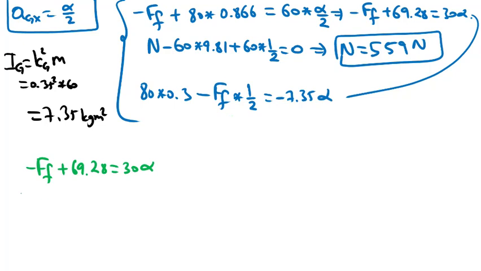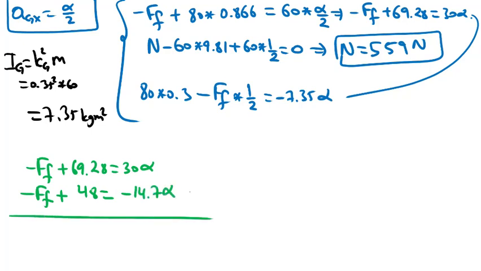Then the F_f terms will cancel out. Negative F_f plus 2 times this one, it will be 24 for the 8, that will be equal to 2 times that one, negative 14.7 alpha.